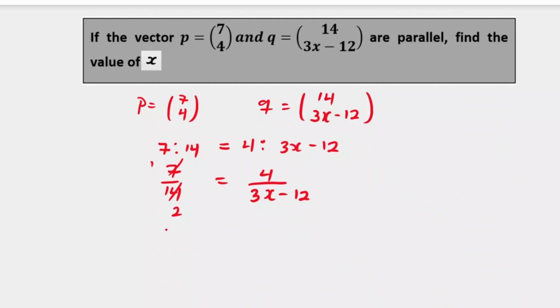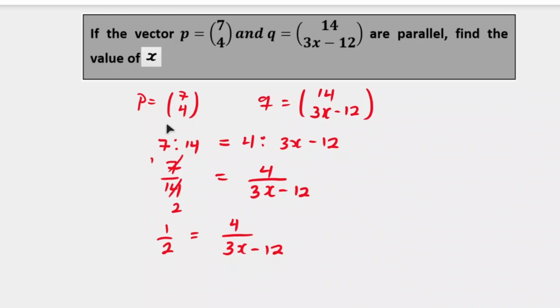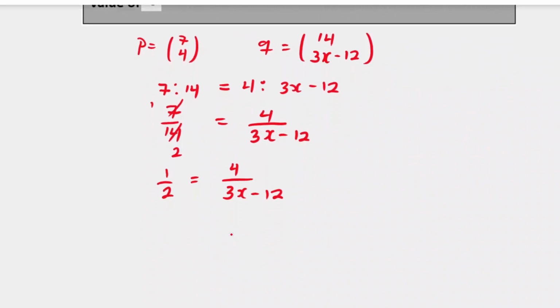So I'm going to get 1 out of 2 equal to 4 out of 3x minus 12. At this point, we can just do cross multiplication. So 1 will multiply 3x minus 12, and 2 will multiply 4. So we're going to get 3x minus 12, that is 1 times this, equal to 2 times 4, that is going to be 8.